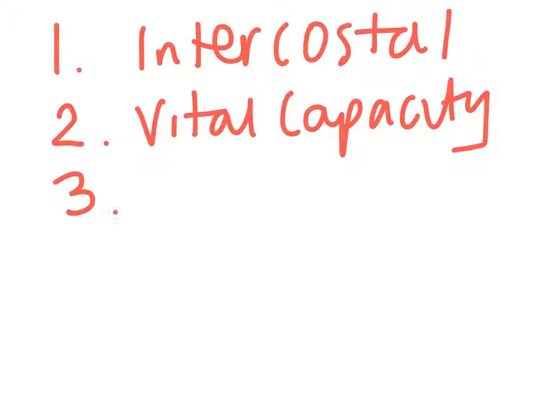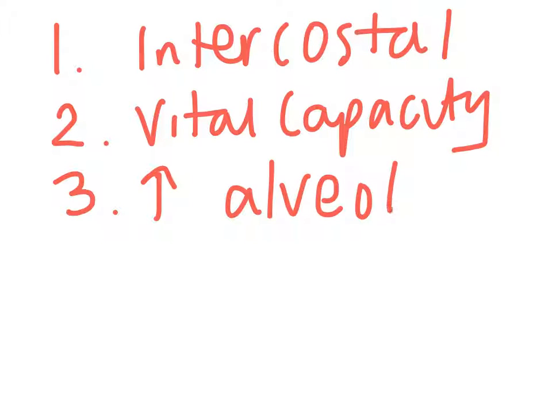Thirdly, what we're going to look at is the increased number of alveoli. When you exercise, the number of alveoli in your respiratory system increases, and the reason is because carbon dioxide levels in your body when you exercise increase, which the body doesn't like, and therefore it needs to get rid of those gases.